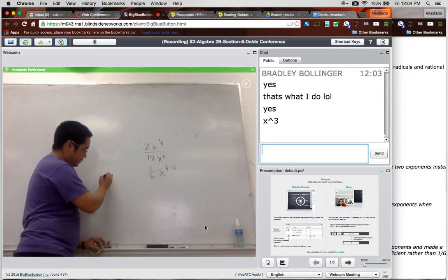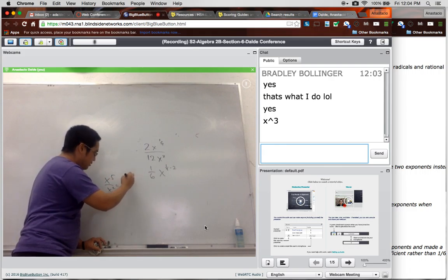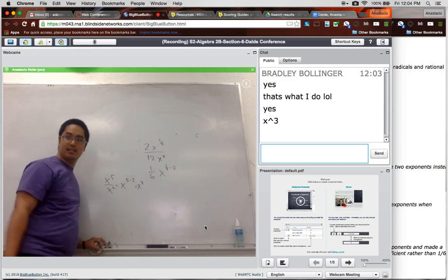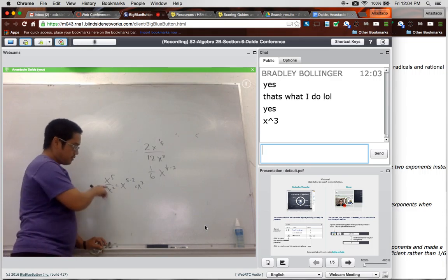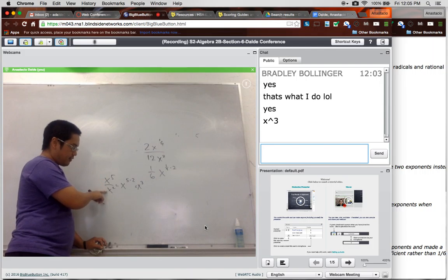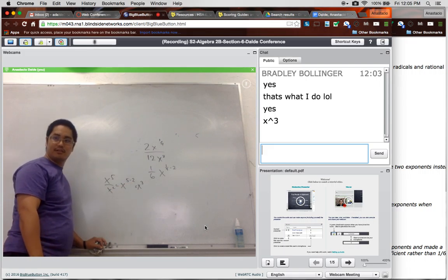Like x to the 5 over x squared is equal to x to the 5 minus 2, which is x to the 3. Oh no, it's not, because it's 2x over 12x and now it's just 1x. It just canceled out. Over x squared, I took into account that x squared by putting that negative exponent. Cool?